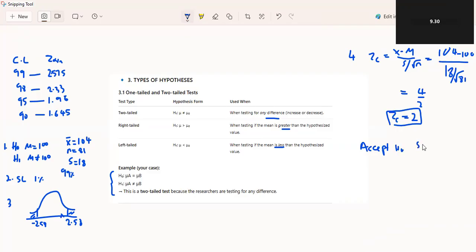So what is our conclusion? There's no significant difference between 104 and 100. So they're saying 100 on average die in a month. They're telling the truth. So we cannot penalize the hospital for lying. So this is what, in essence, we are talking about.